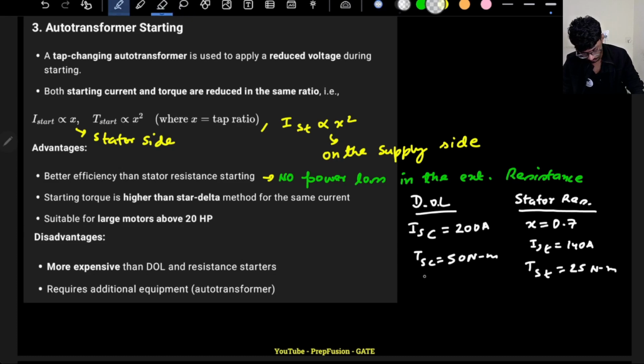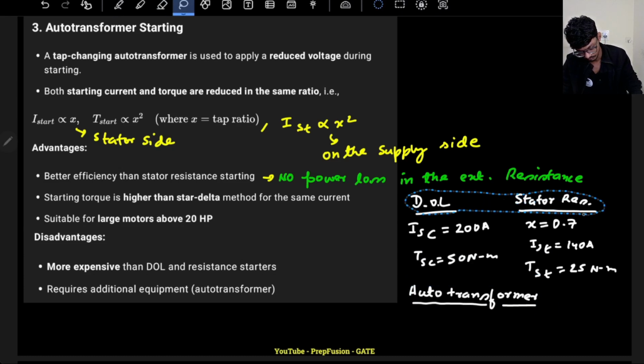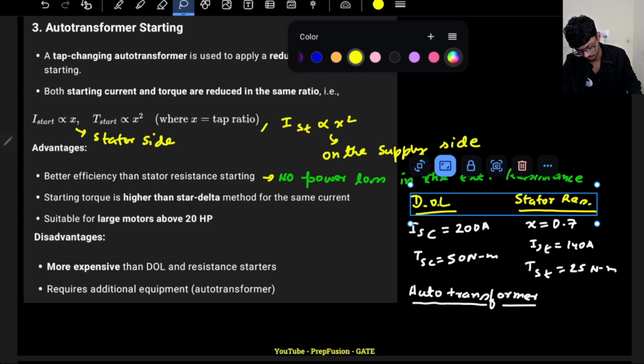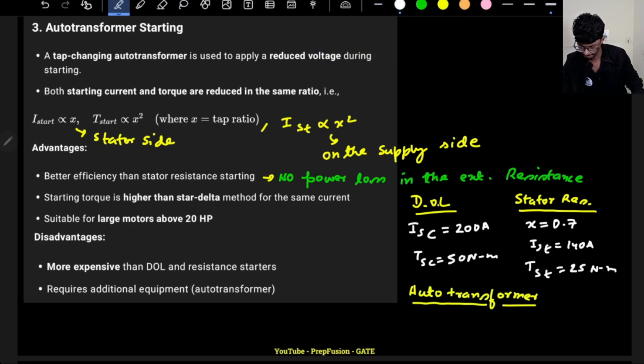In auto transformer, what is x? Again, see, x will be same only, 0.7.